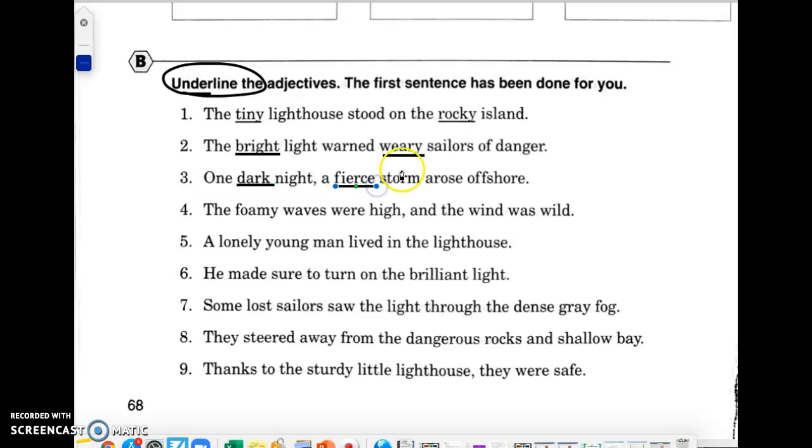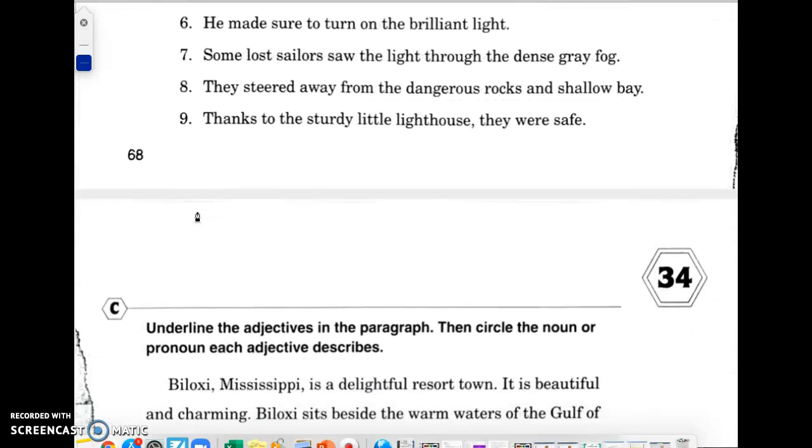Fierce describes storm. That's our adjective for this one. Arose offshore. Nope, there are no other adjectives here. Arose is our verb. Offshore is another noun, but there is nothing describing the word offshore. Okay, continue down to do 4 through 9.